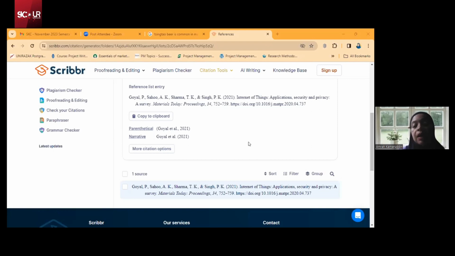But if more than 2, you put et al. So parenthetical is that way, narrative is that way. If you write at the back, you put it at the back. If you write in front, you write Goyal, et al., 2021, claim that IoT is blah blah blah. So you can choose. You just copy to the clipboard and then paste it in your paragraph.